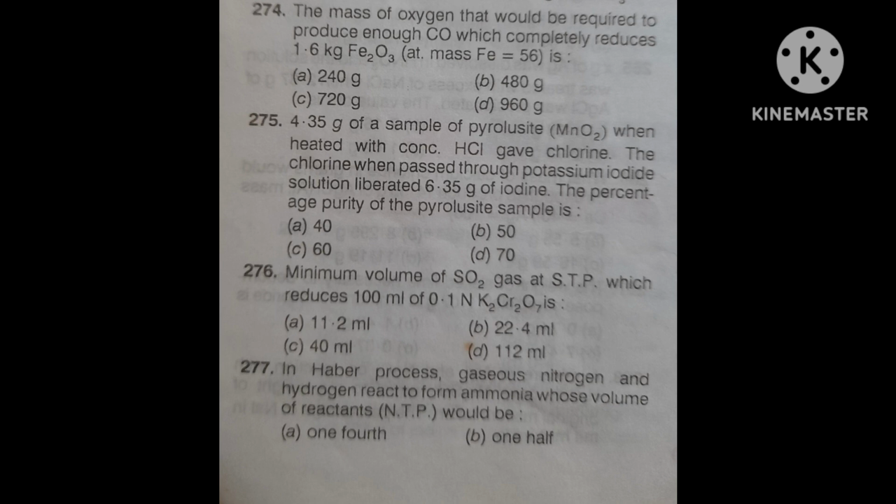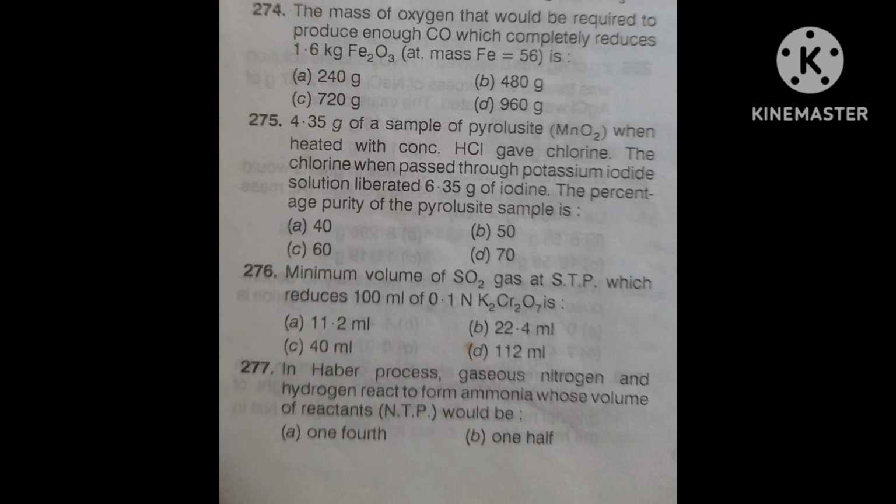Then what is its percentage? 2.175 divided by 4.35 into 100, because 4.35 gives 2.175 pure MnO2. After solving you will get 50, that is the percentage purity is 50%.